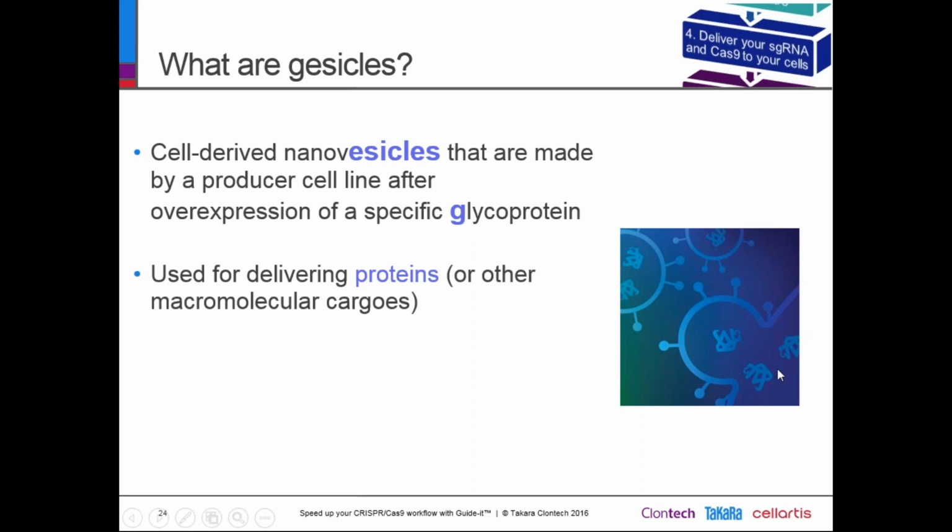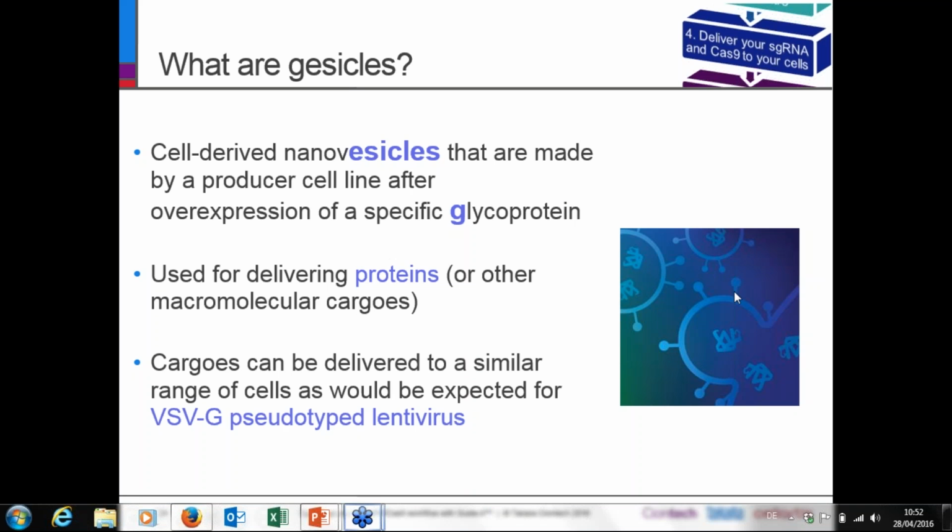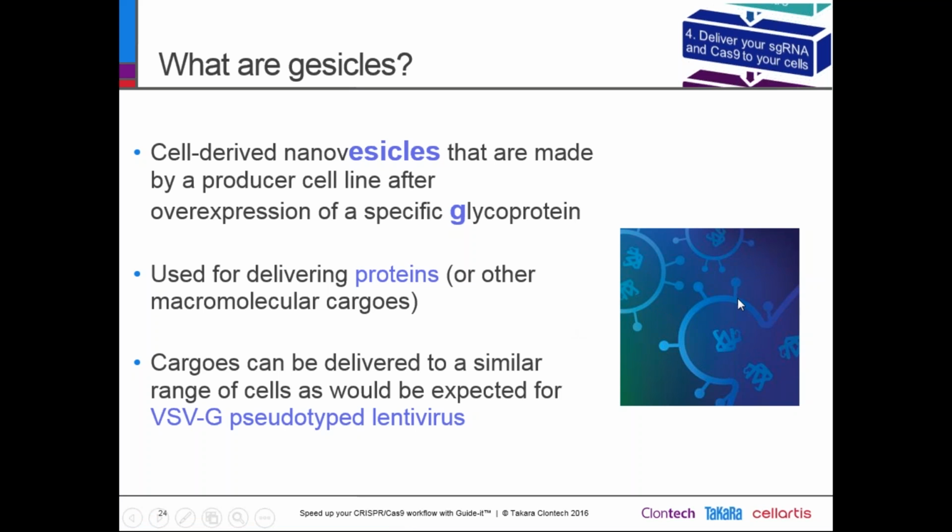And those Gesicles can be used to deliver proteins, for example Cas9, but also other macromolecular cargoes. And as the Gesicles also express VSVG on their surface, they have a similar tropism as VSVG pseudotype lentivirus. So this means a very broad mammalian tropism.